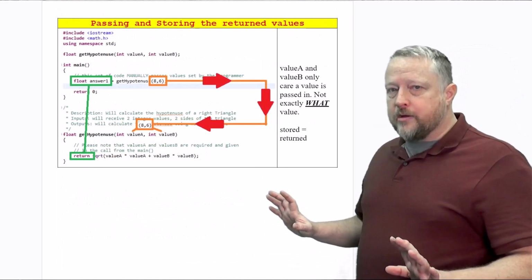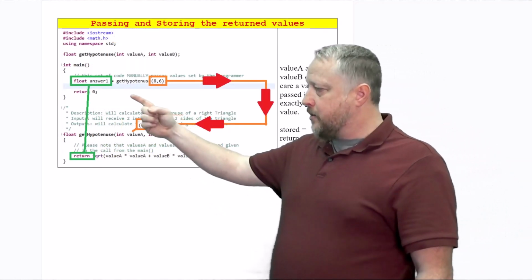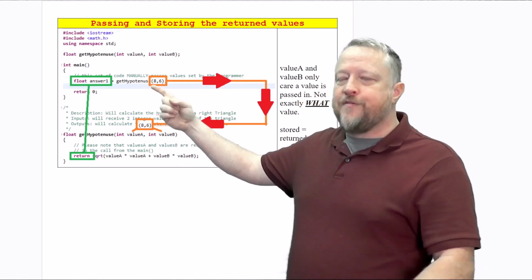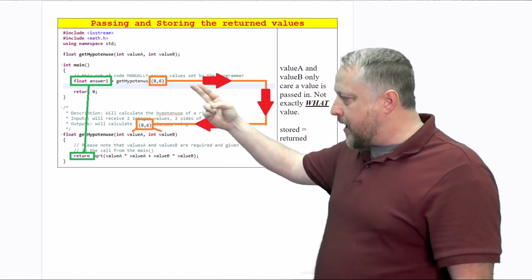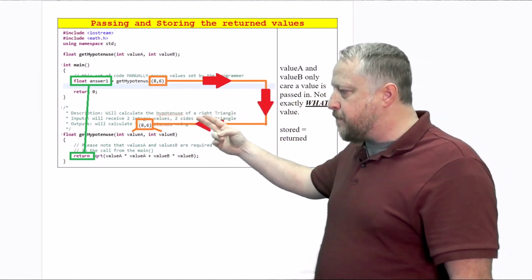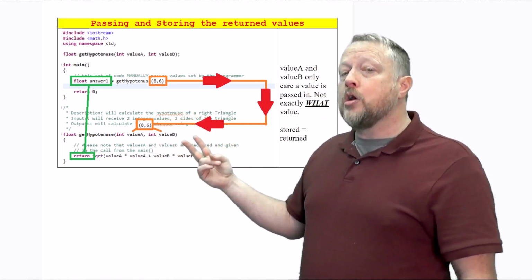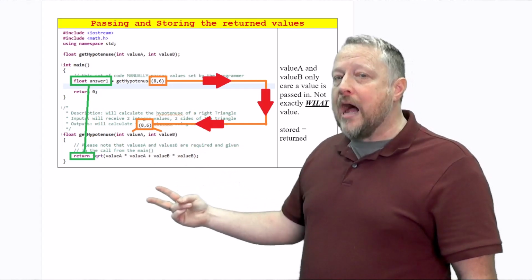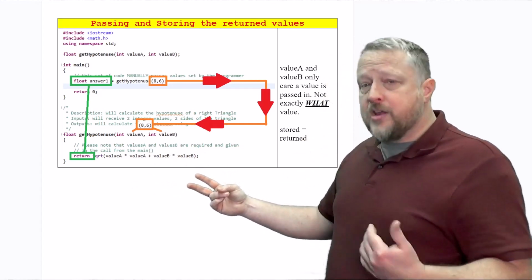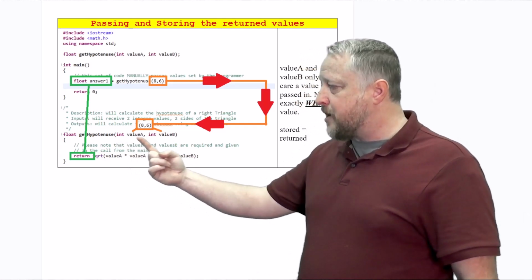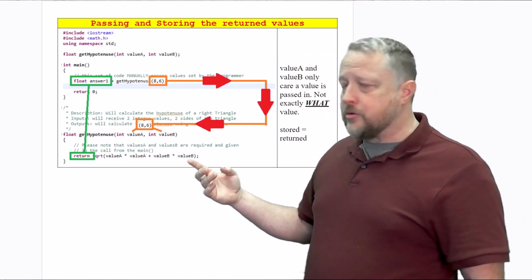So the last part is literally showing you that if I were to place literal values or variables, these two items are going to be physically passed into the function, and the order does matter. Also, the number of variables matters too. Notice that getHypotenuse is supposed to accept two parameters, two values.